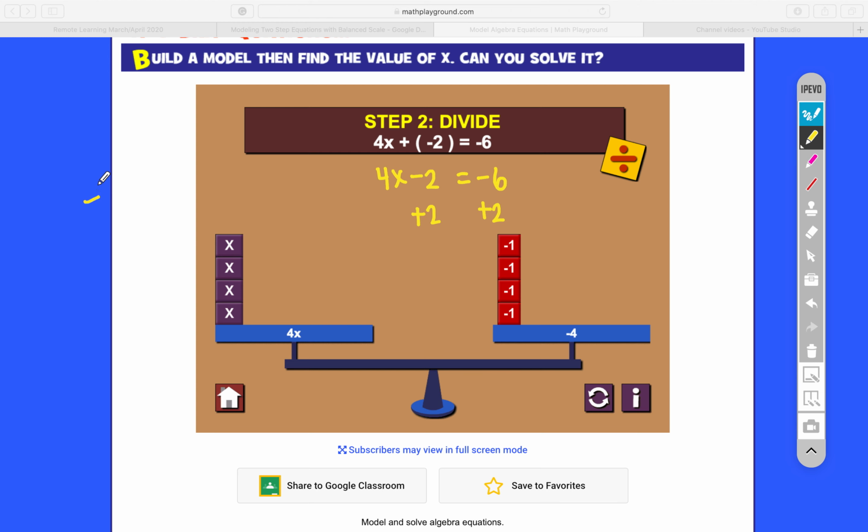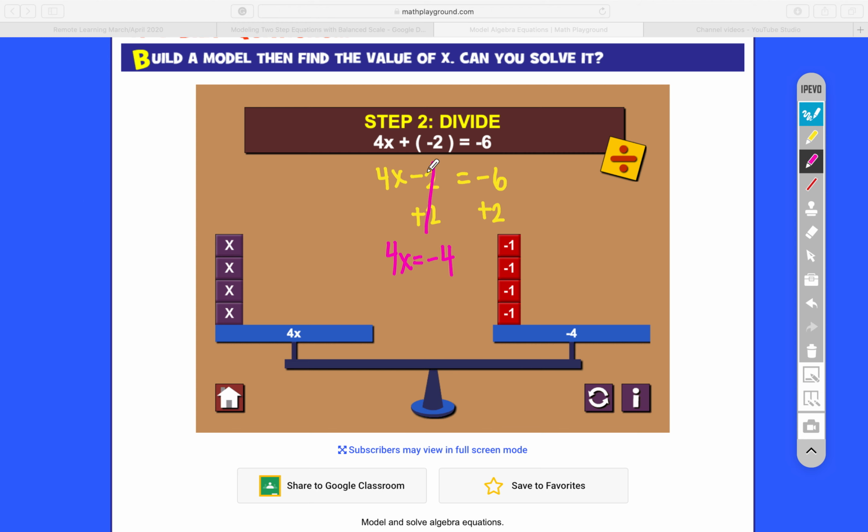They're negative pairs. -2 plus 2 is equal to 0. It's a bad equal sign, so I'm going to erase it. Right? So here these -2 and +2, they cancel, and you are left with 4x is equal to -4.